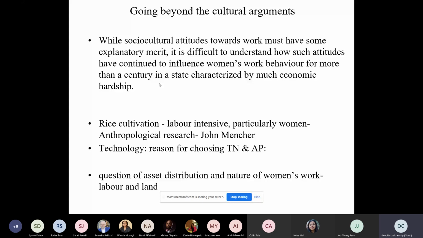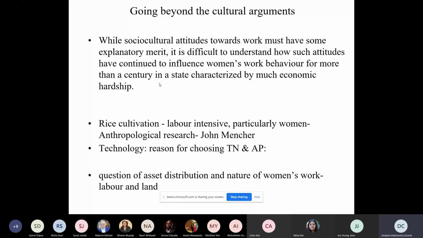Now, as I moved along, I will show you that a pattern will emerge in terms of rice cultivation. When I decided to look at Tamil Nadu and Andhra Pradesh more closely, what I also had in mind was to look at other major rice cultivating states as well. What are the other rice cultivating states in India?